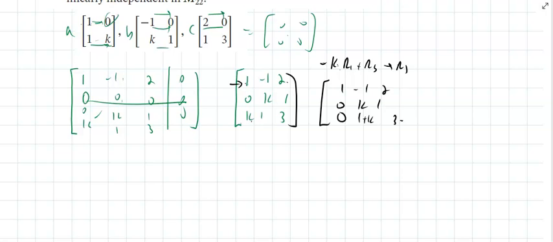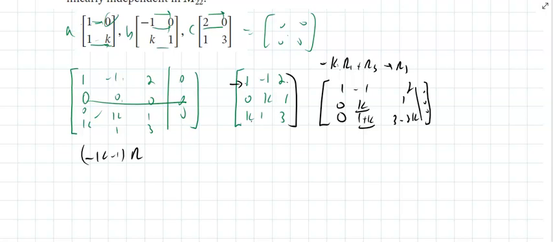I lost track. K1, 3 minus 2k. Okay, and the next, again, you could say 0, 0, 0, that doesn't matter. The next step, I'm going to take the opposite. So negative k minus 1 multiplied by row, no.